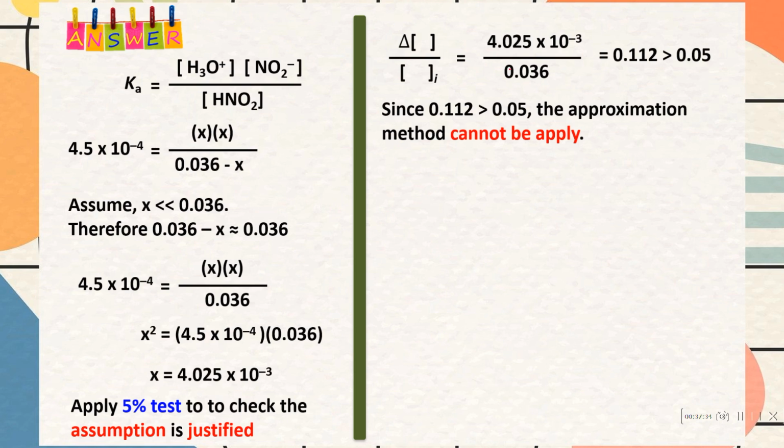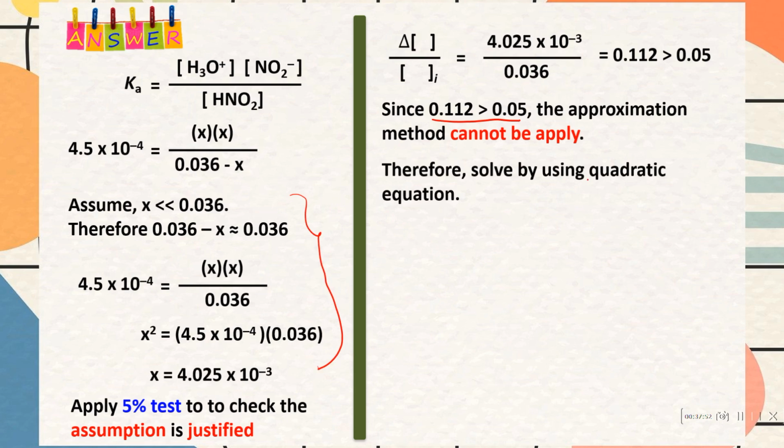Since the 5% test value is bigger, the approximation method cannot be applied. So we cannot apply this, and that's why you have to solve using the quadratic equation.